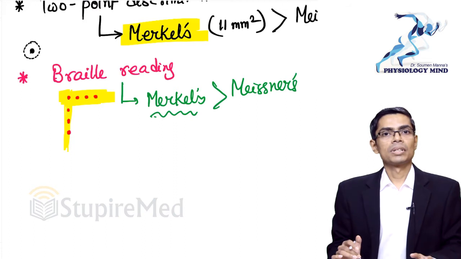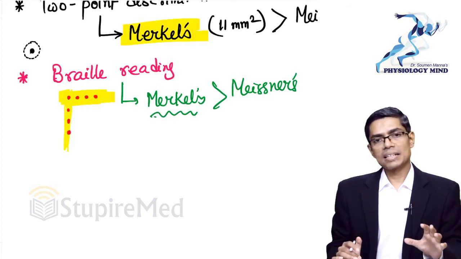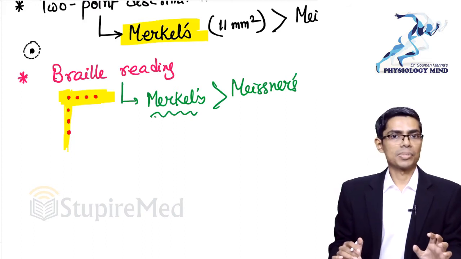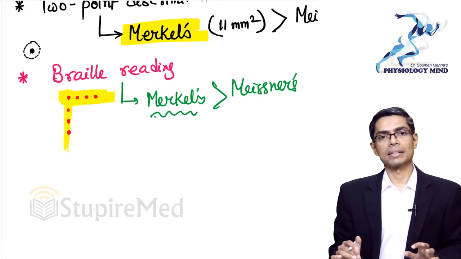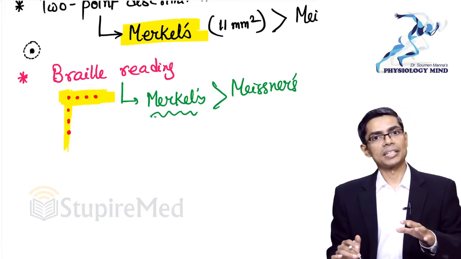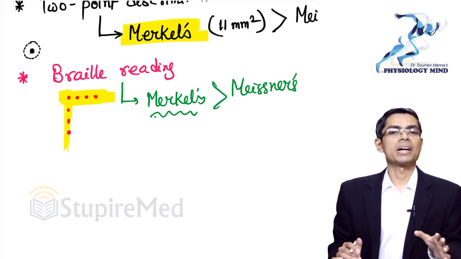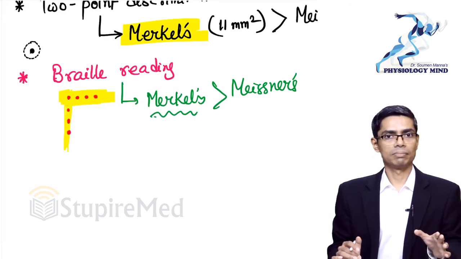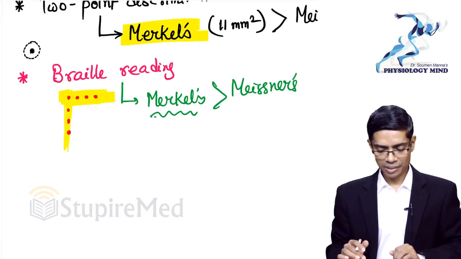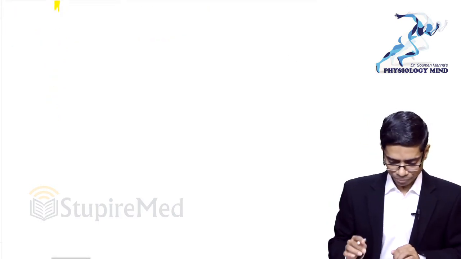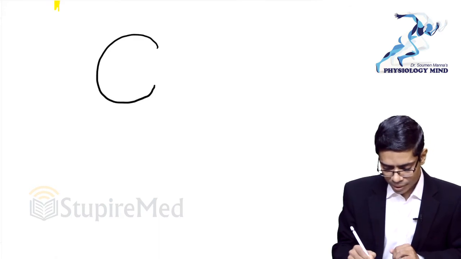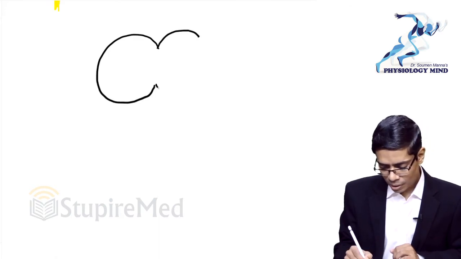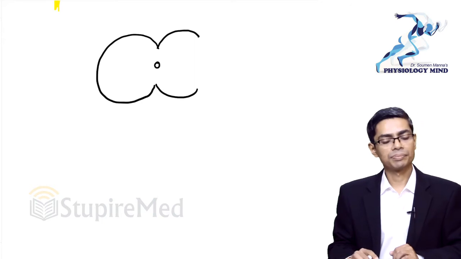Now I told you the largest tactile receptor is Pacinian corpuscle. With the help of Pacinian corpuscle, we will understand how the receptor is activated and how that activation leads to action potential generation. Suppose this is the cross section of the spinal cord.